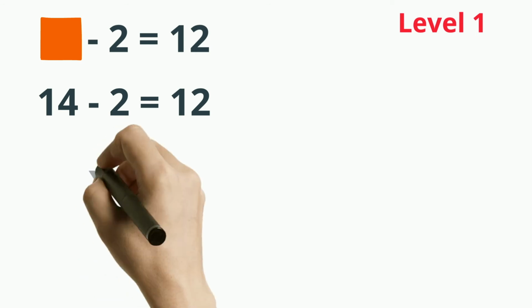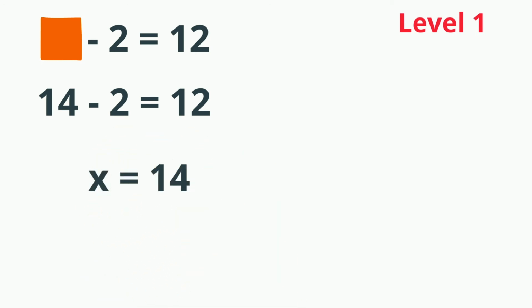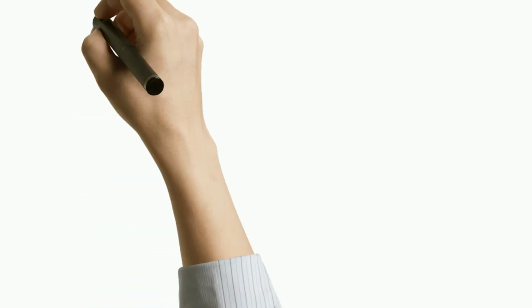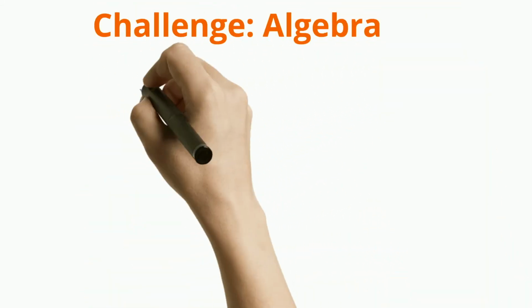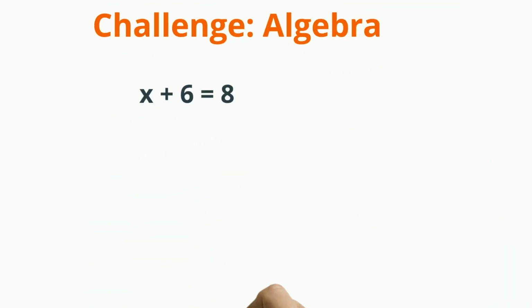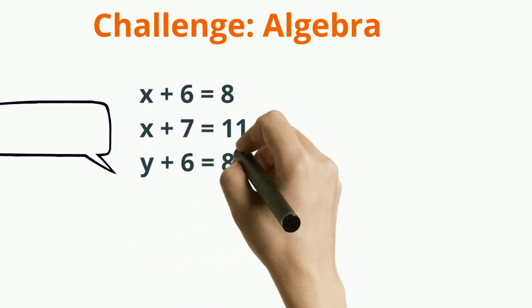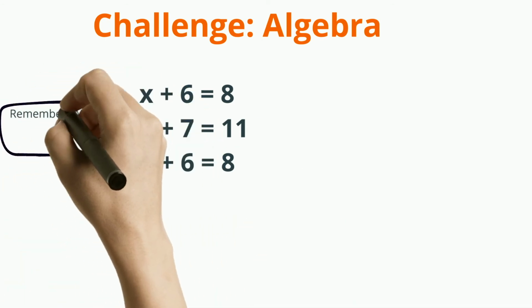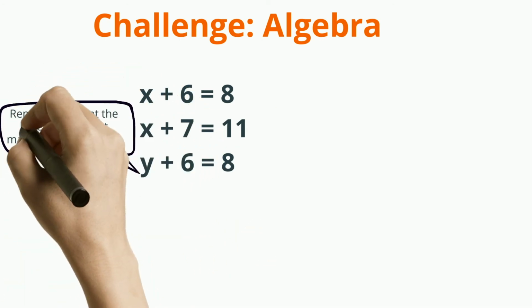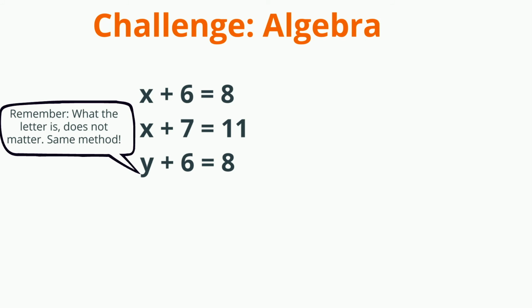Really well done. Now, if you have your whiteboards ready or the worksheet pre-downloaded, you can work along with some of these. Let's have a look. We've got x plus 6 equals 8. X plus 7 equals 11. You've got y plus 6 equals 8. Now I've put in here, remember, it doesn't really matter what the letter is.